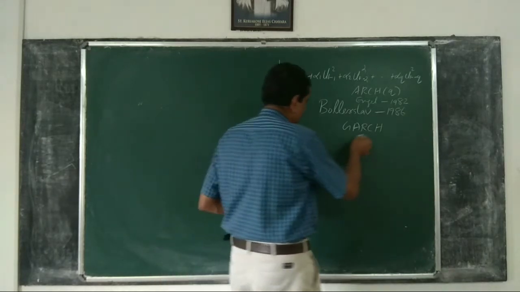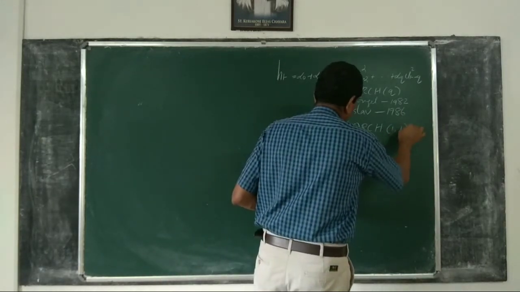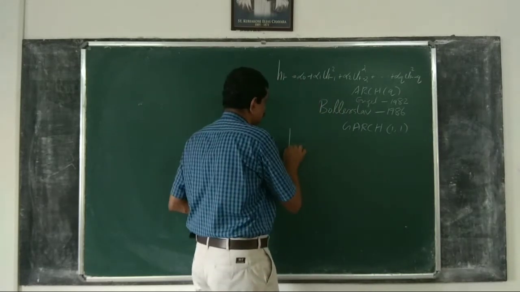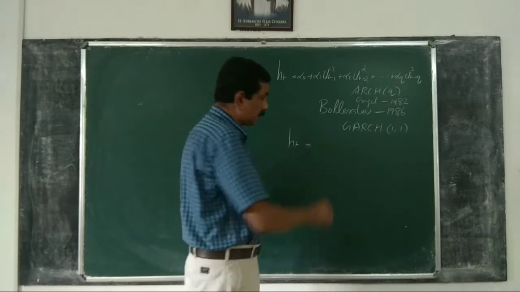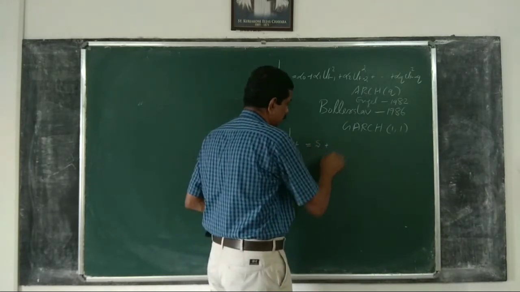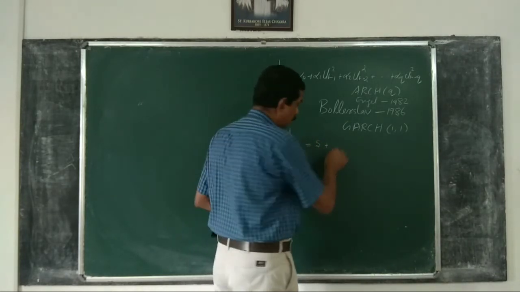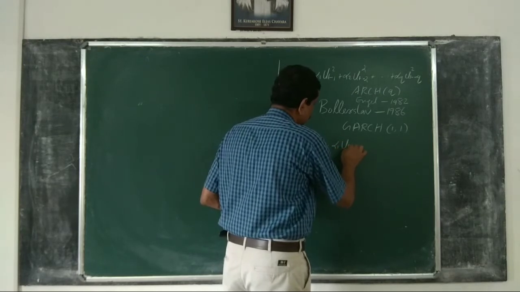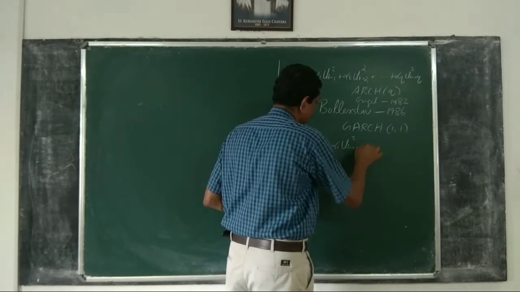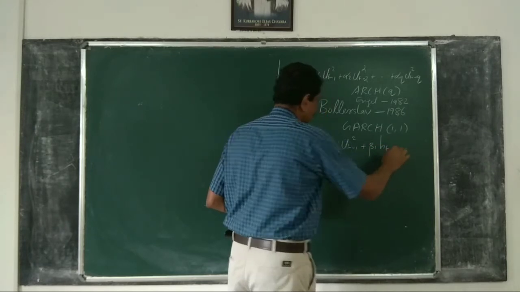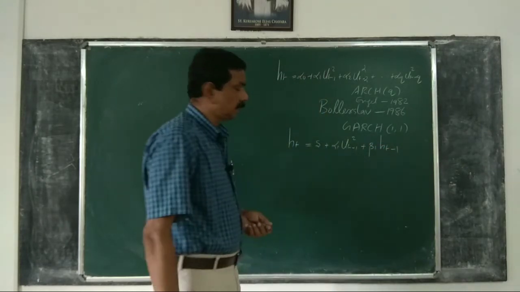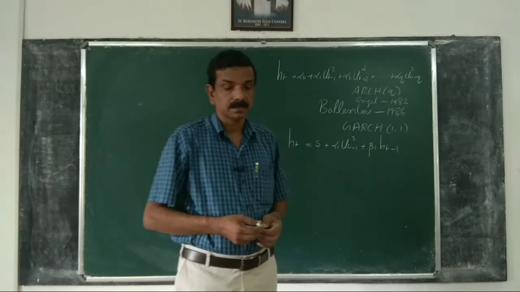A GARCH(1,1) model is written as h_t is equal to delta plus alpha 1 u_{t-1} squared plus beta 1 h_{t-1}.